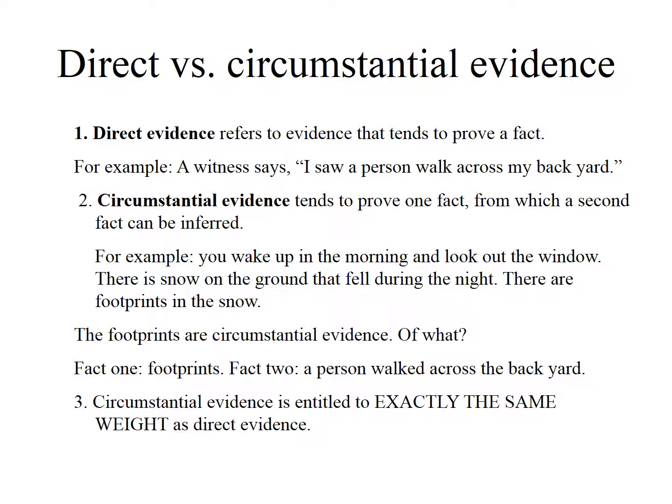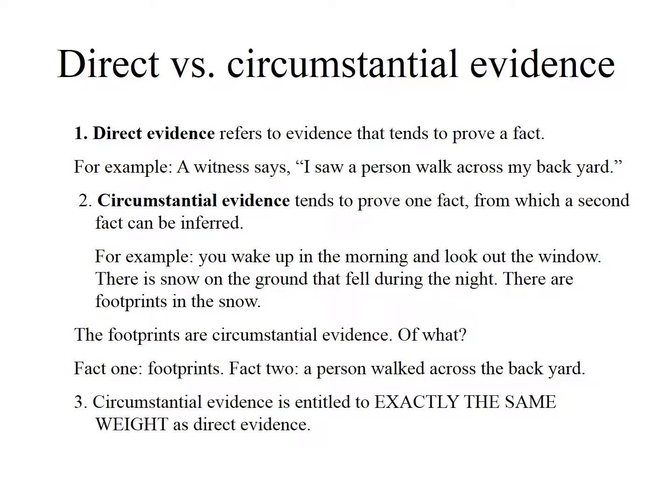Now, another thing, and this is really important for you to understand: there are two types of evidence, if you divide it up this way, direct evidence versus circumstantial evidence. And I'm emphasizing this because, jumping to the bottom, contrary to what most people believe, there's nothing wrong with circumstantial evidence. People are always saying, well, all they have is circumstantial evidence.